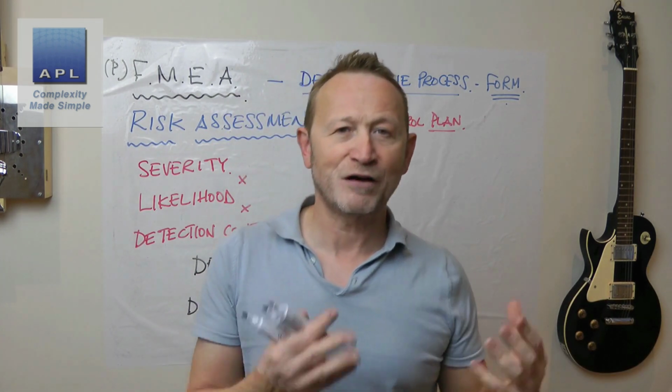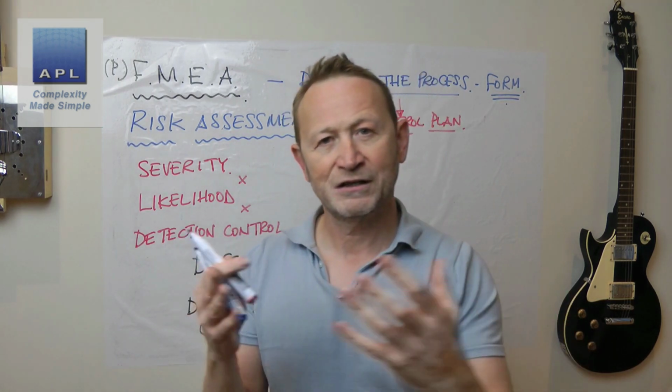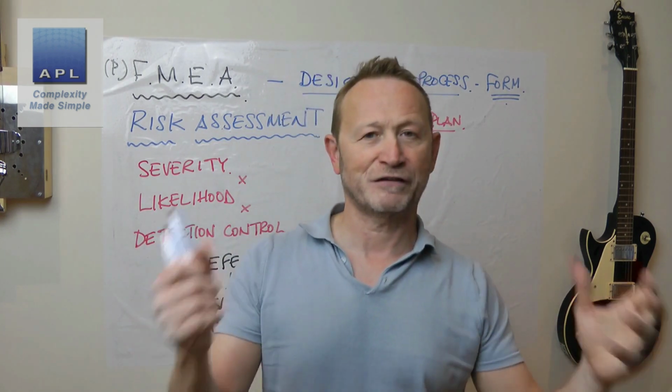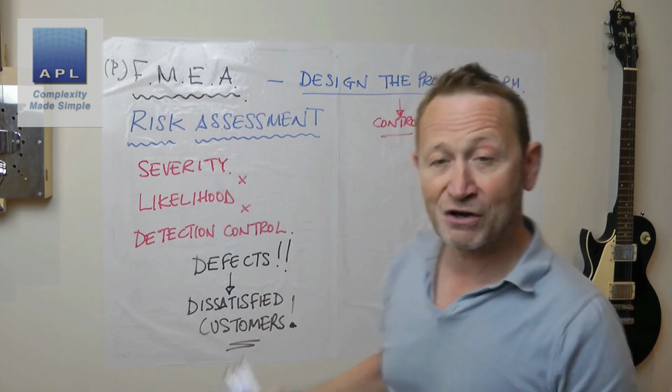That's the power of a process FMEA. You can make more money faster, make good products faster. You can go live defect free. That's what it's for. It's to design a process.